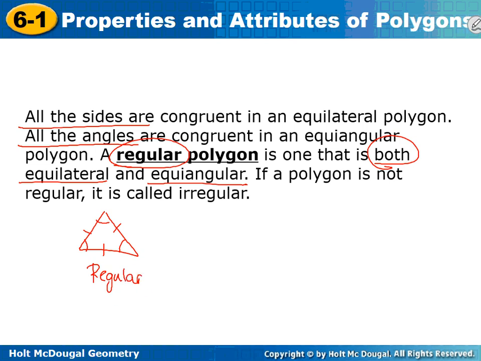Okay? Name a quadrilateral that is regular. A square. So a square is equiangular and equilateral, so it is also regular. Name a quadrilateral that is only equilateral.